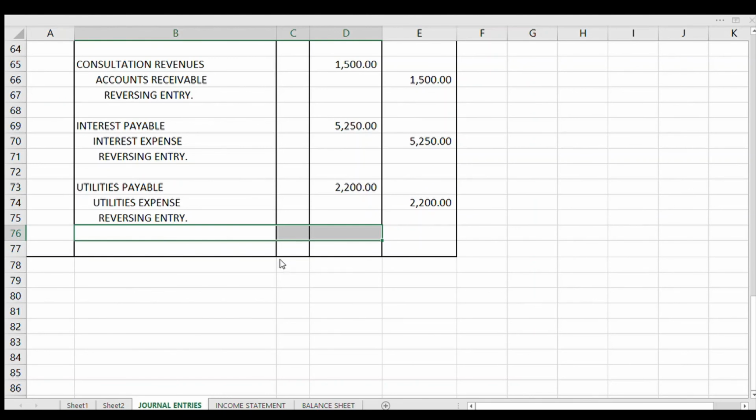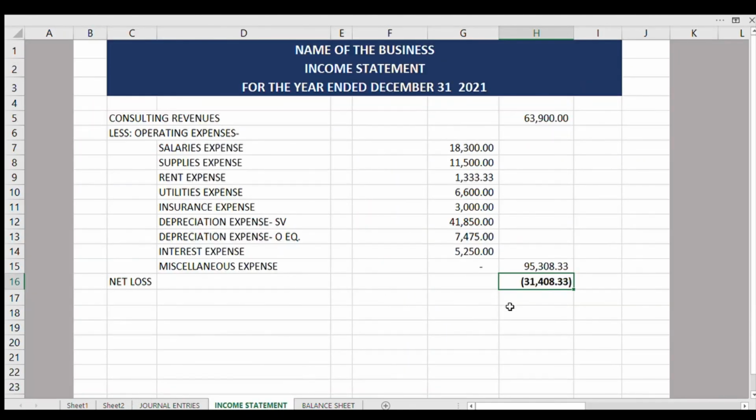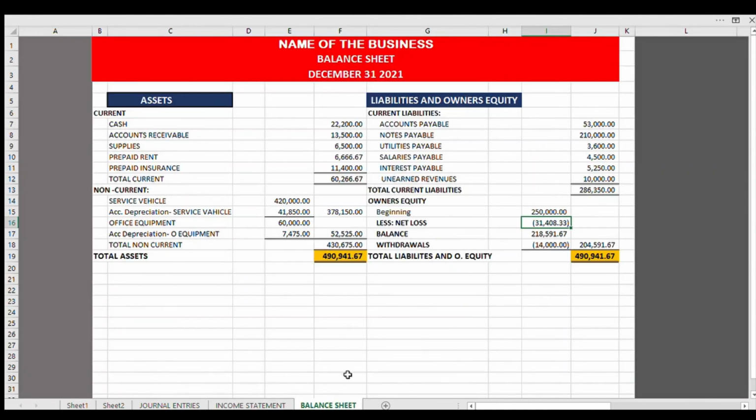Okay, so I think we're almost through, and this time I will just make the final showing to you of the financial statements, the income statement and the balance sheet, which is the end product of this accounting procedure.